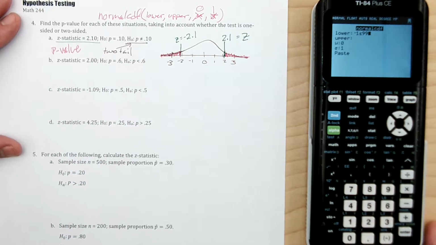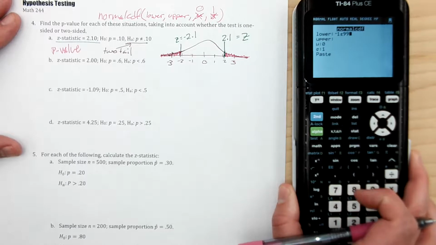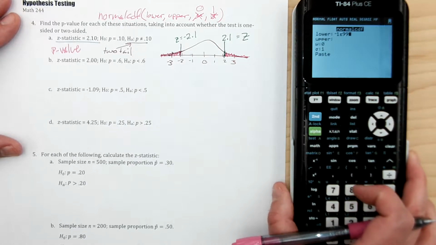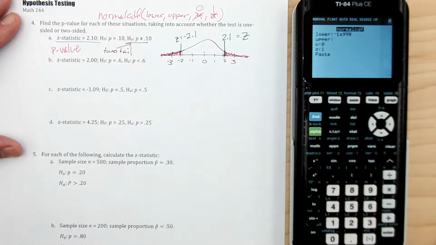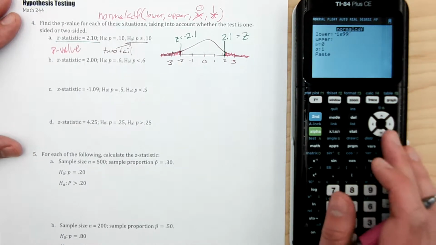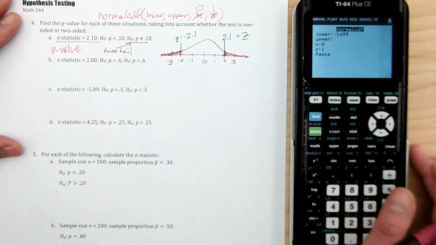So when you see this, -1e to the 99, what it's really saying is -1 times 10 to the 99, or -1 with 99 zeros behind it. It's about as big as you can go without having overflow in your calculator. All right, that means that your calculator can't handle it anymore.